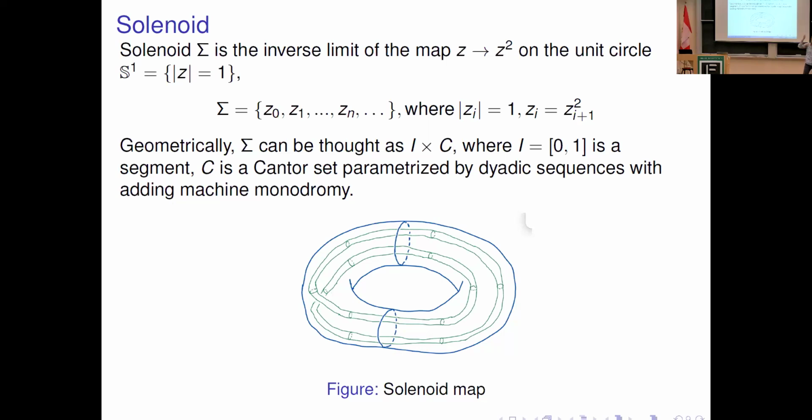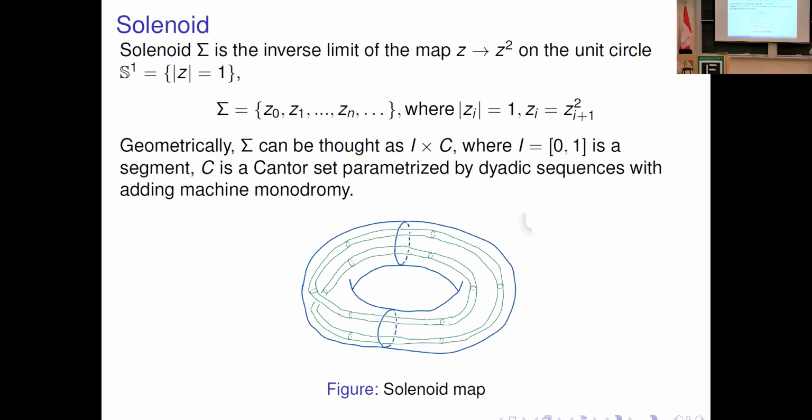Then do the same thing: take this long torus, stretch it even more, and wrap it around inside itself twice. Keep going like this and see what you get at the end. Locally, you're going to get a segment times a Cantor set.